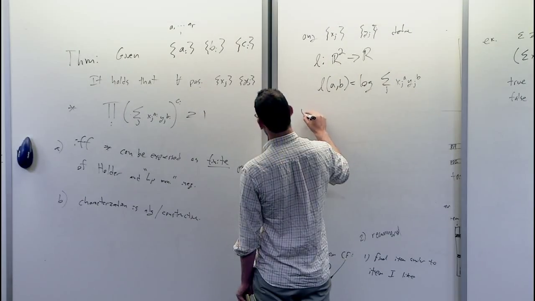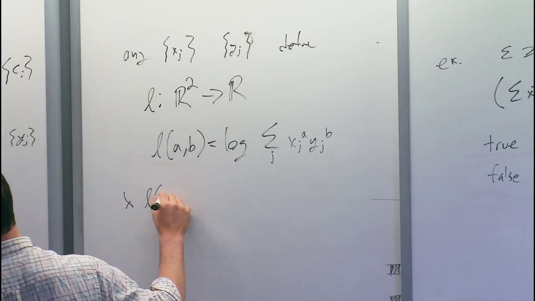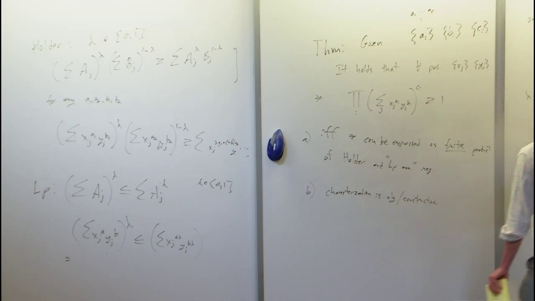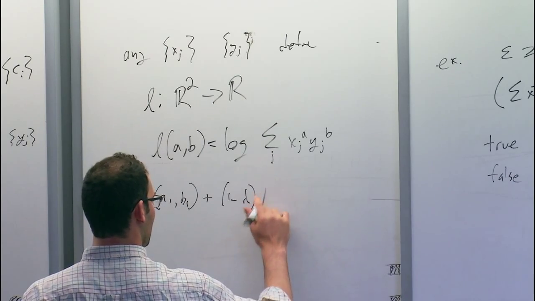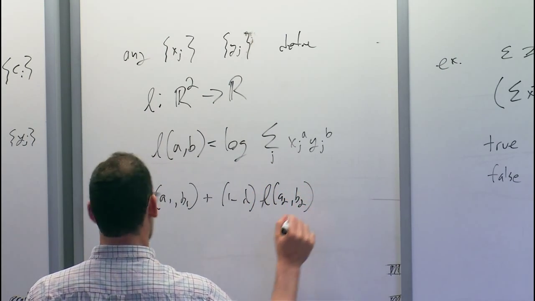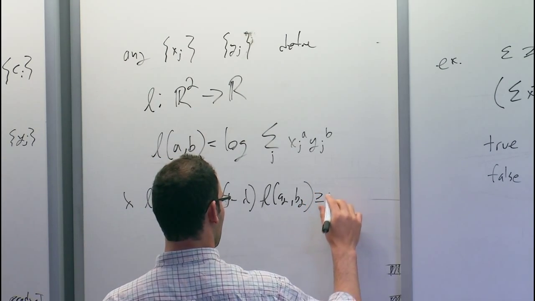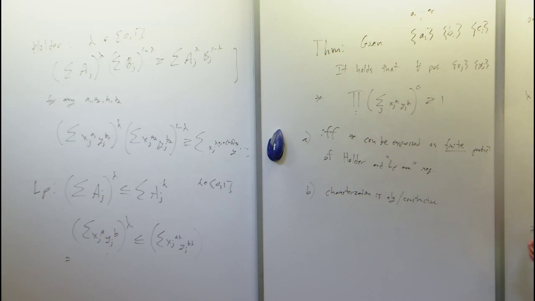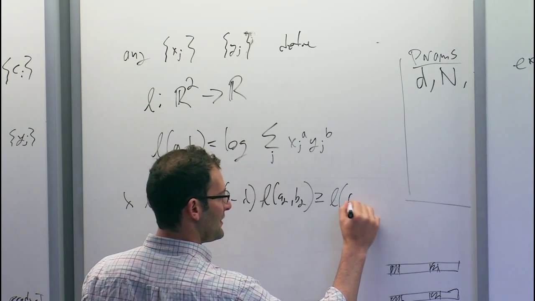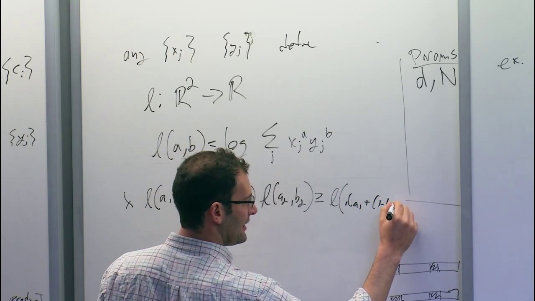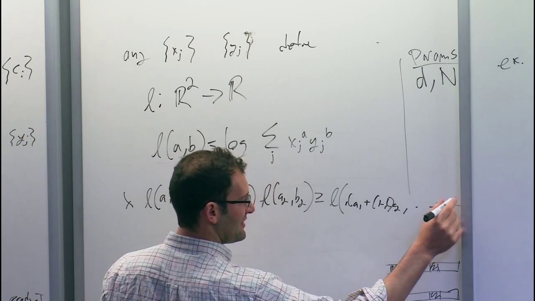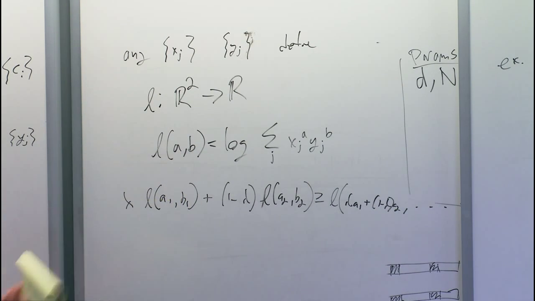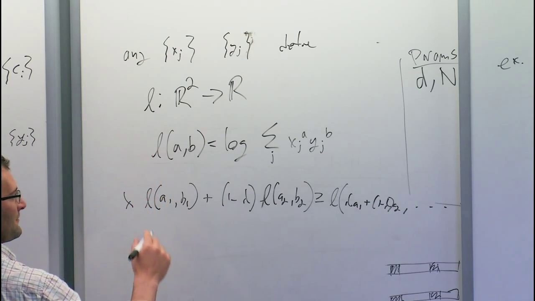We get that lambda times L of a1, b1 plus 1 minus lambda times L of a2, b2 is greater than or equal to L of the convex combination: lambda a1 plus 1 minus lambda a2, comma, the same with the b's. What is this? It says that L is convex, right? Okay, good. So L is convex.